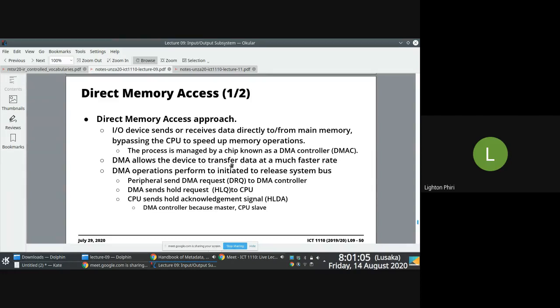The idea is that the DMA controller will temporarily gain access to the address bus, which is mapped onto the address in memory where data needs to be transmitted to and read from.